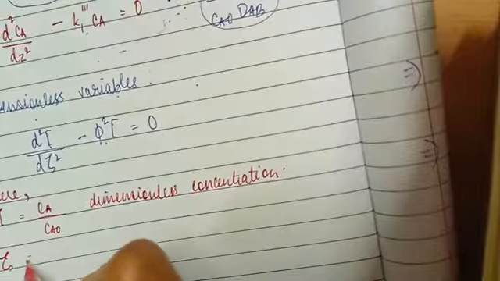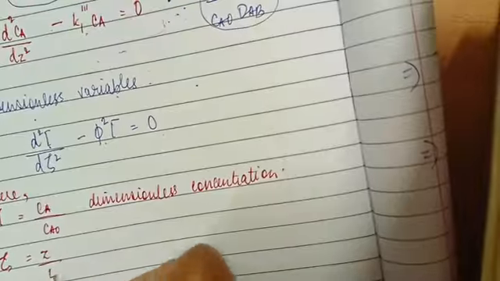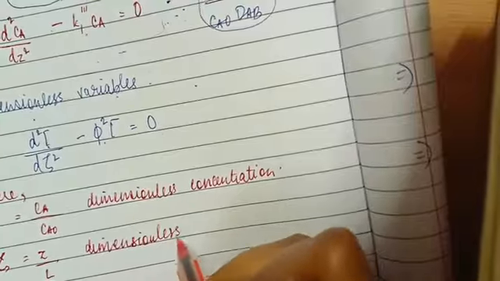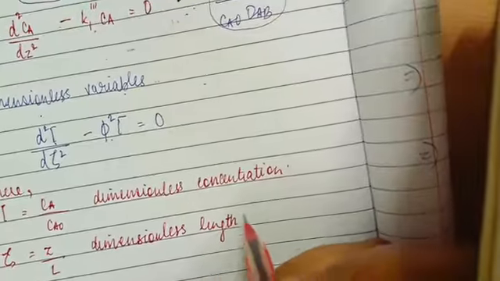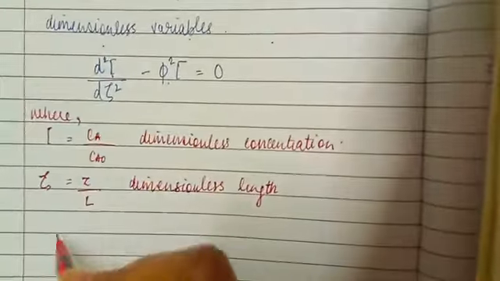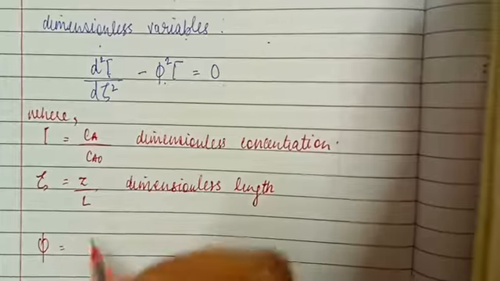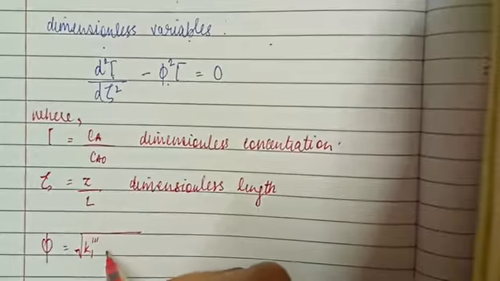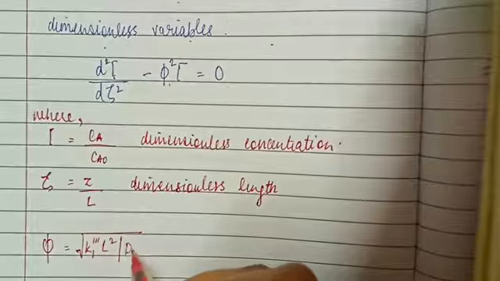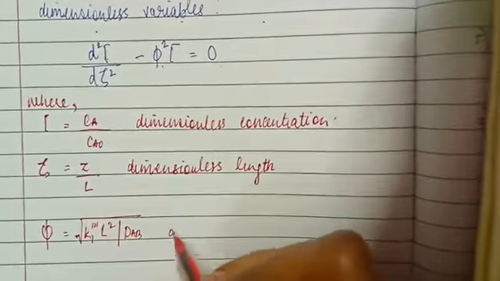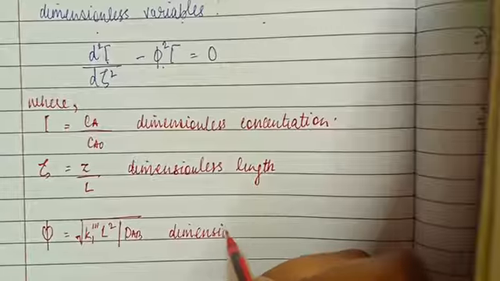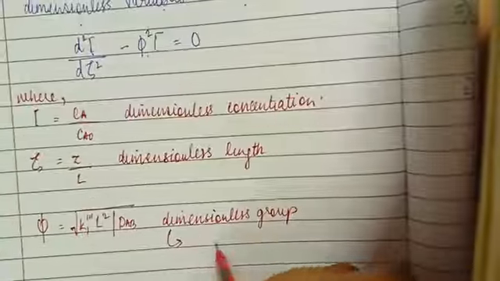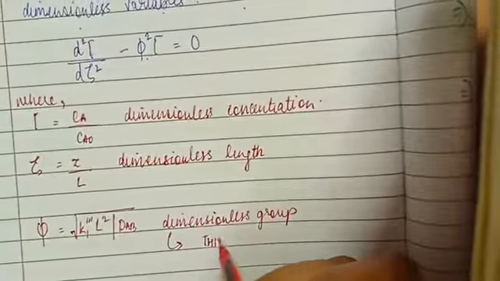Zeta is Z by L, which is a dimensionless length. And phi is nothing but the root of k1 triple prime L square by DAB. This is a dimensionless group which is otherwise known as the Thiele modulus.